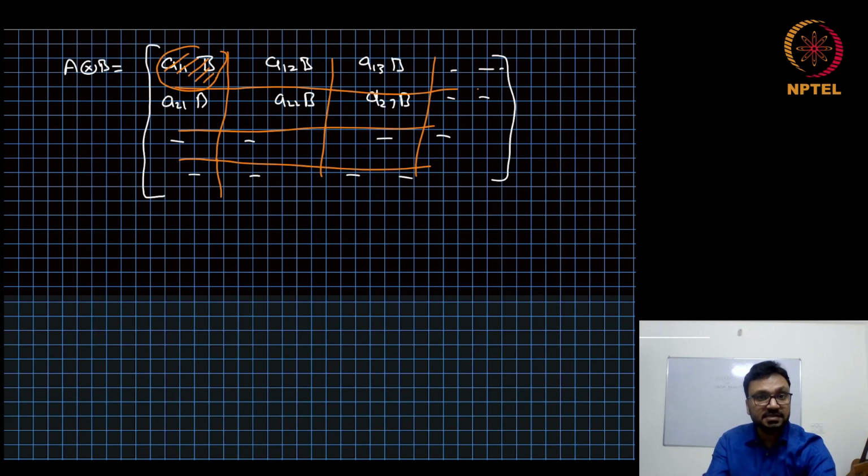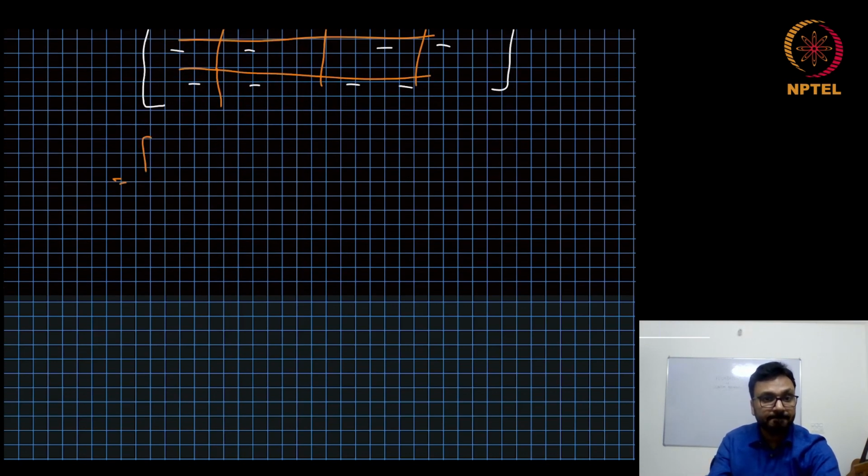So if we write just this block, it will be A11 B11, A11 B12, A11 B13, and so on. A11 B21, A11 B22, A11 B23, and so on and so on.